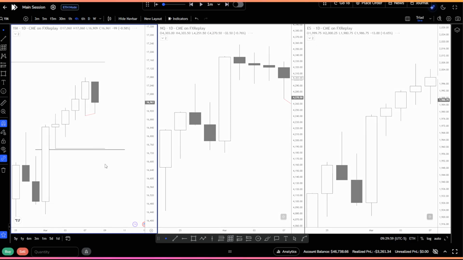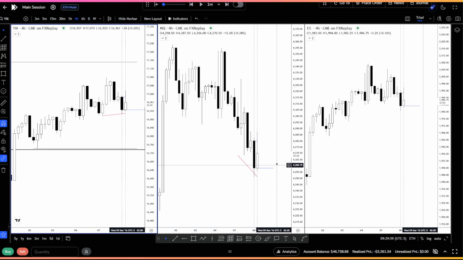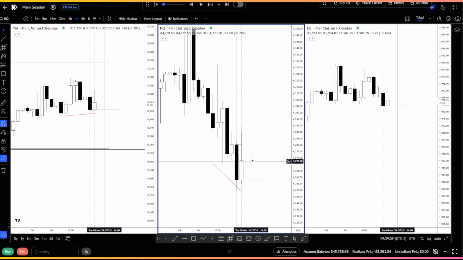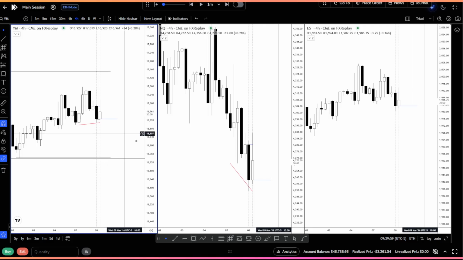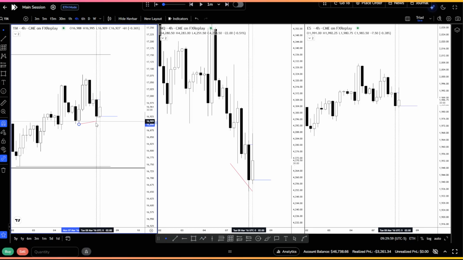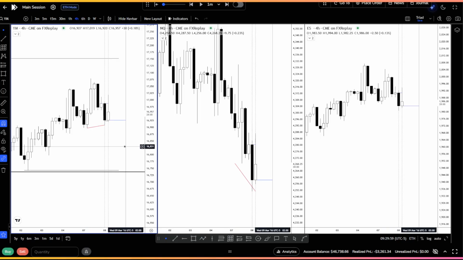This is just the current situation. If we get closure above this 4-hour candle, 2 a.m. open, then it's a really clean structure for me to go to the upside, and I will take YM.